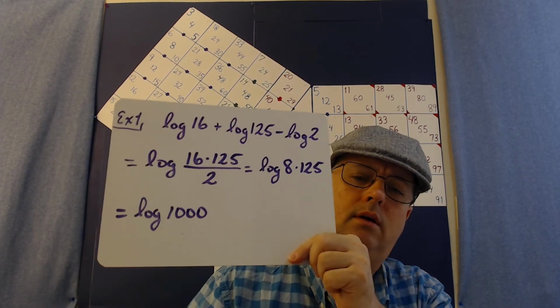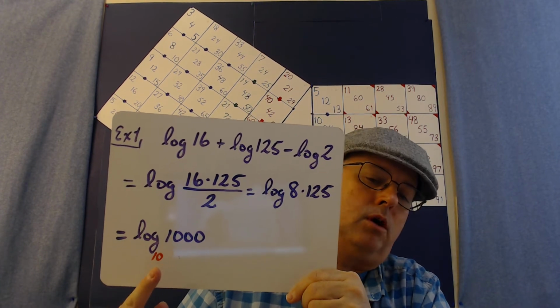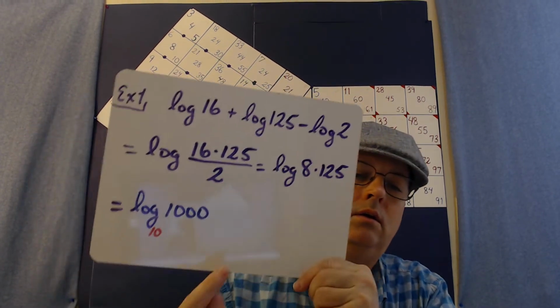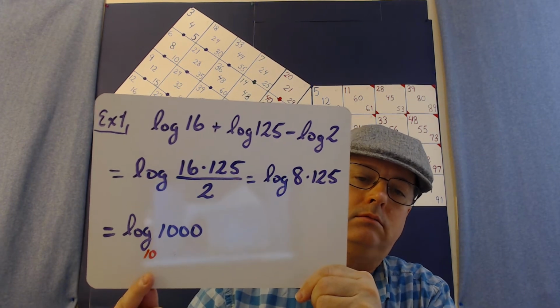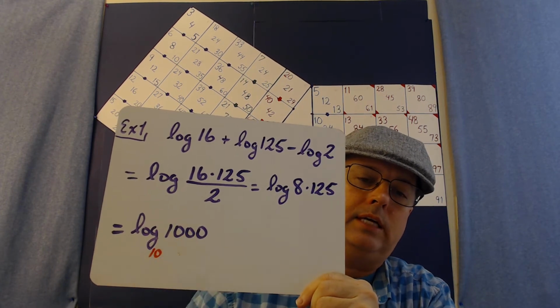And so we have log of 1,000. And then, do we stop there? No. We have a base that's understood to be base 10. So when the base is not written, then that's because it's understood that we're talking about base 10. And so now we're going to ask the question. 10 to what power is 1,000? Remember, that's what a logarithm is asking. What power of 10 gives us 1,000?